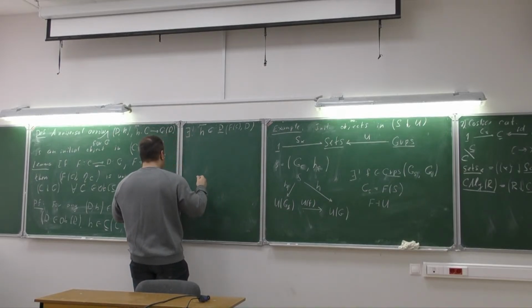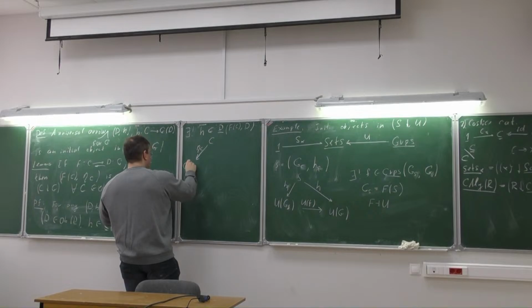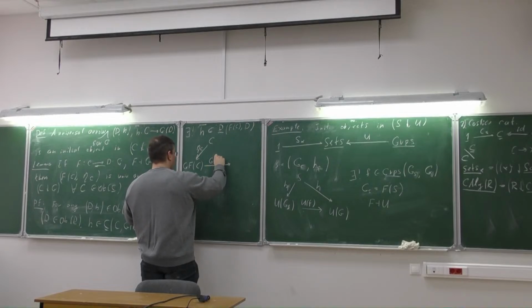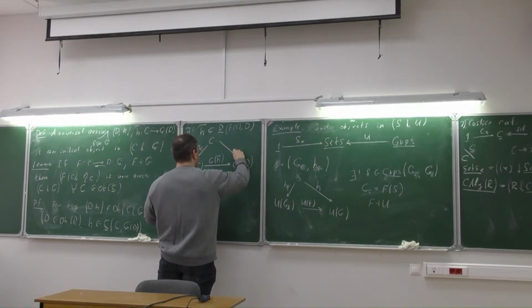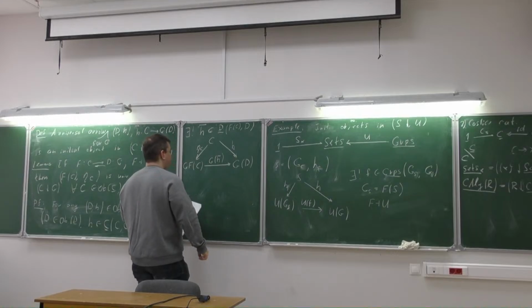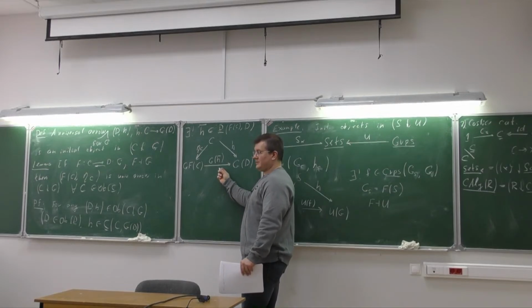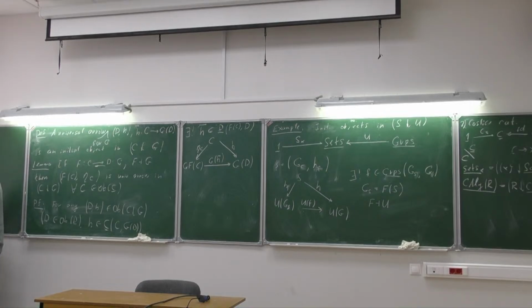And the following triangle is commutative. So we have C, eta sub C, GF of C, G of the H bar, G of D, H. Okay, so why is the triangle commutative?